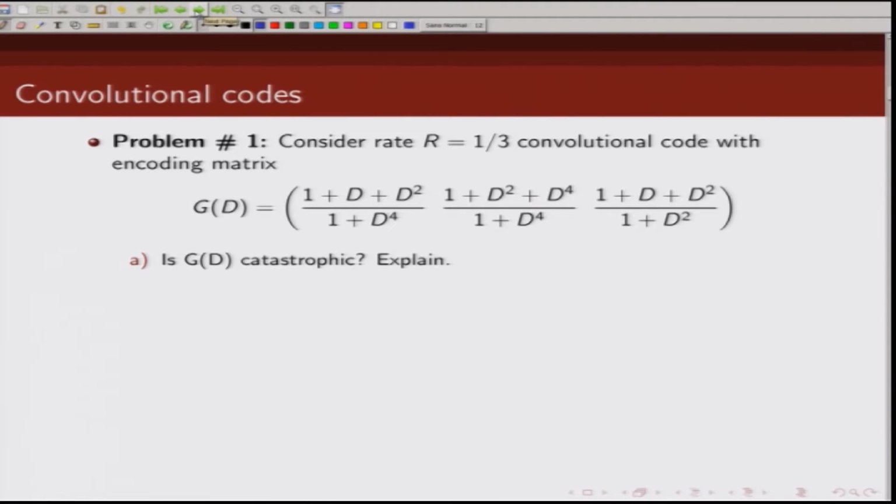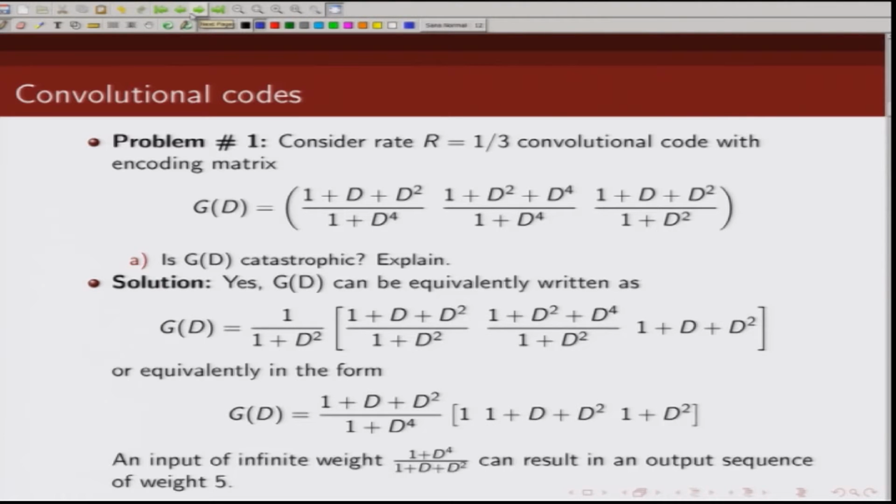The first question is, is this a catastrophic encoder? Will an encoder which has a generator matrix like this result in a catastrophic encoder? If you recall, what is a catastrophic encoder?